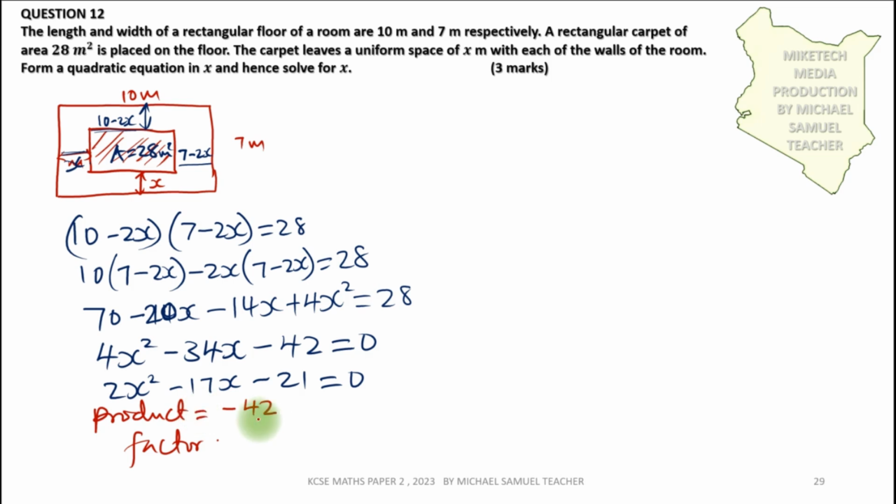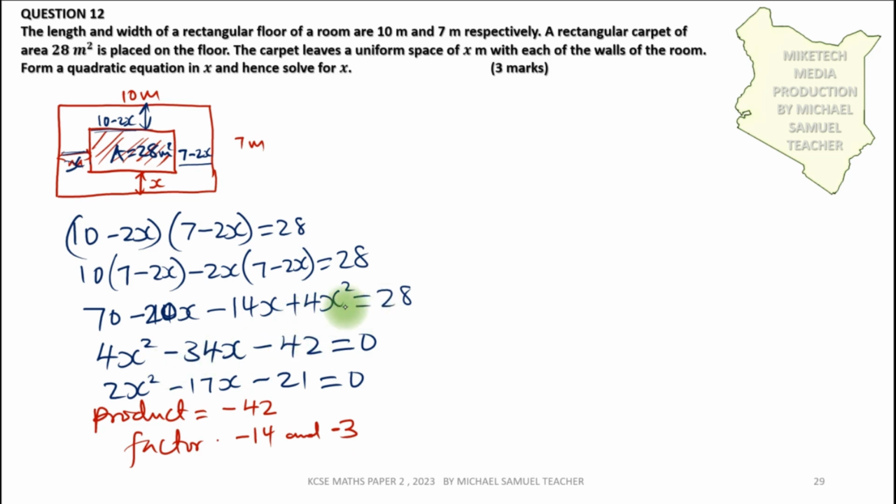So in that case I can have minus 14 and minus 3.